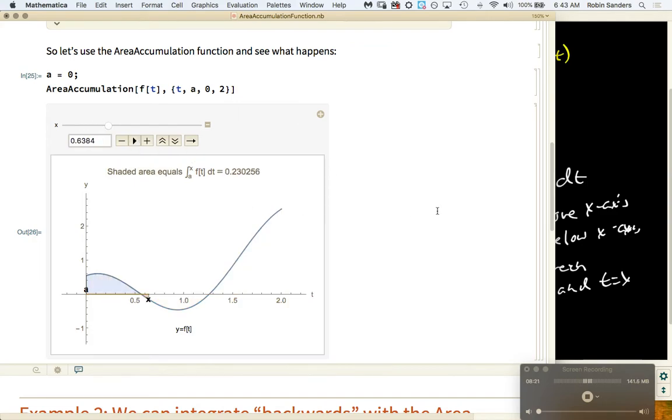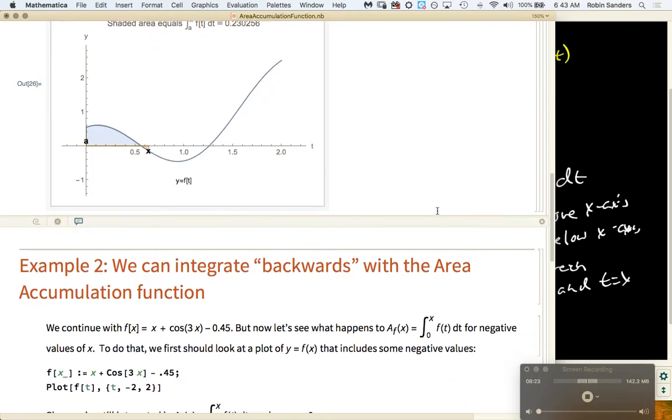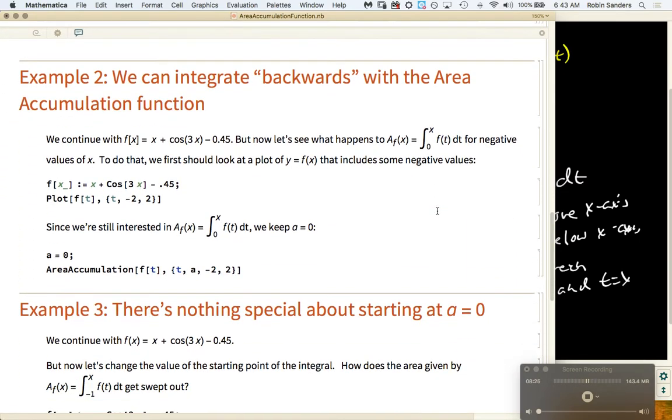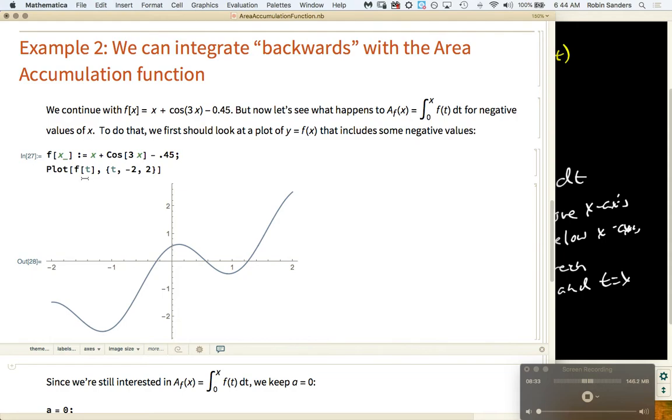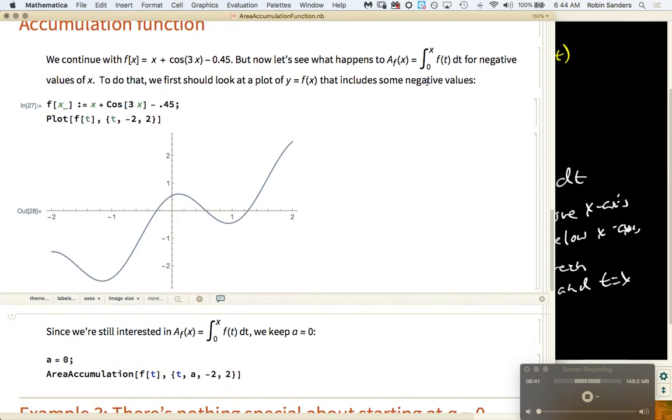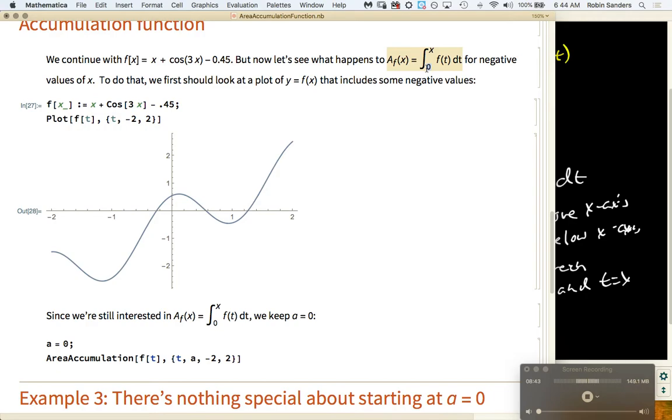Well, I also want to make sure that we can look at backwards integrating. So here what I want to do is keep the same function, but I want to look at some negative x values as well. So here is a range of values going all the way down to -2 and all the way up to +2. I'm going to go ahead and continue to let the start of the interval for my area accumulation function be equal to 0.